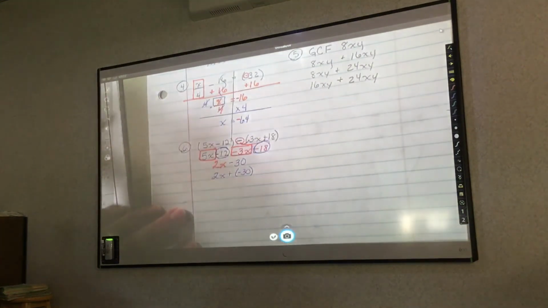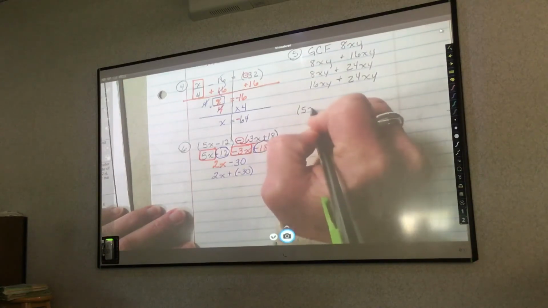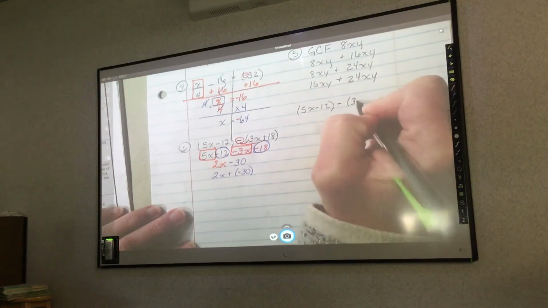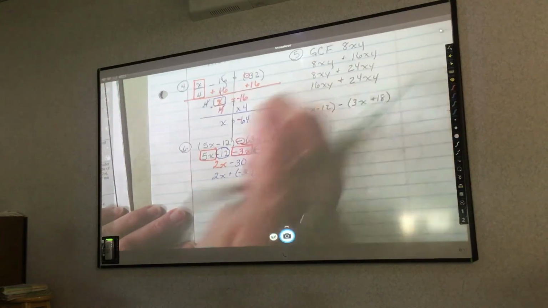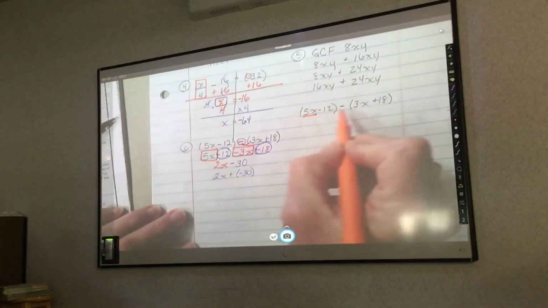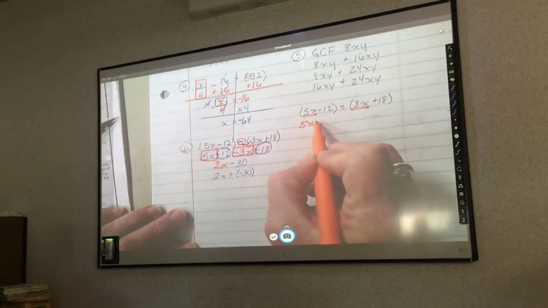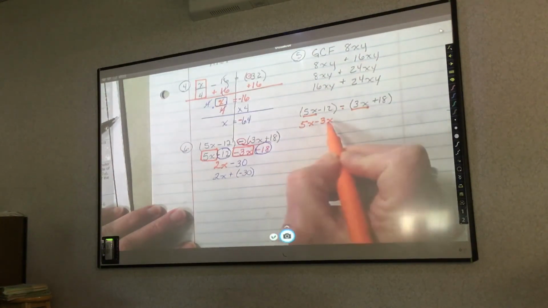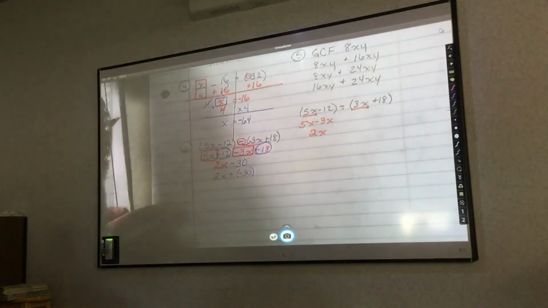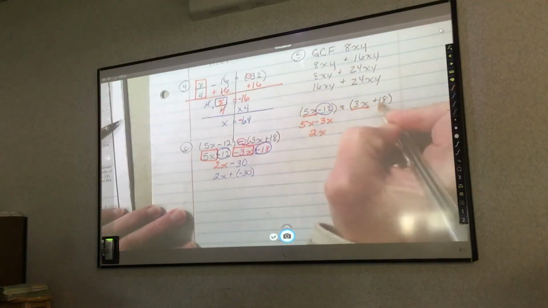Another way, now you don't have to write down both, you just have to have one written down. Quantity 5x minus 12 minus quantity 3x plus 18. To do it like this, I'm taking 5x minus 3x. Well, 5 minus 3 is just 2x. Then I would take negative 12 minus positive 18.